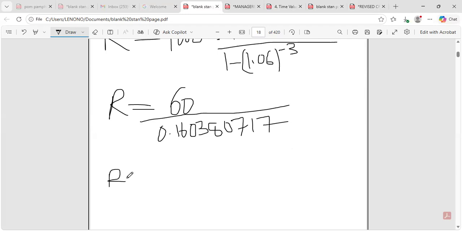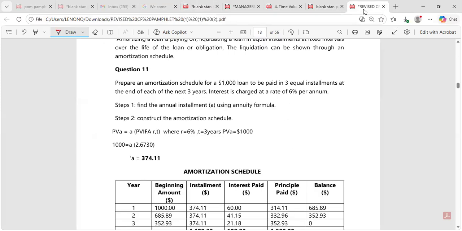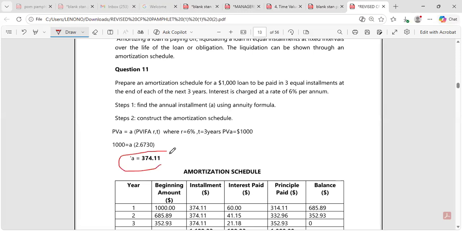So our repayment gives us 374.11. So this is how they found the 374.11. Is that okay?